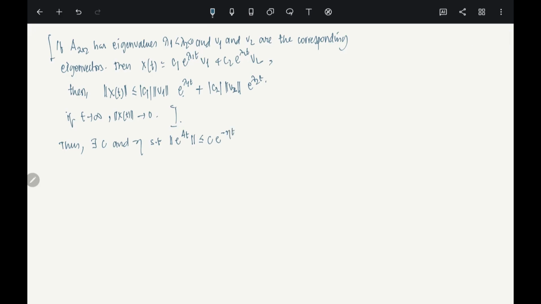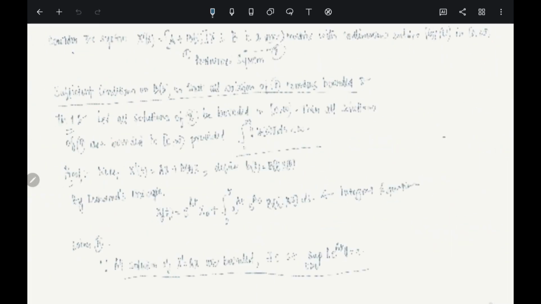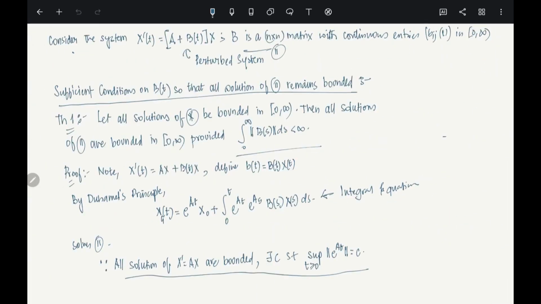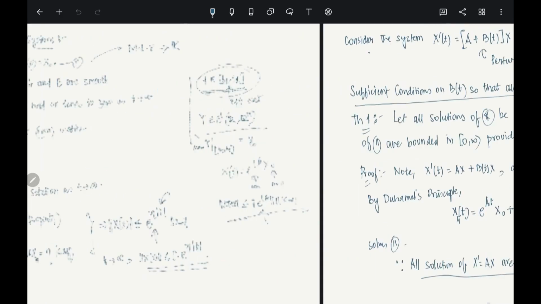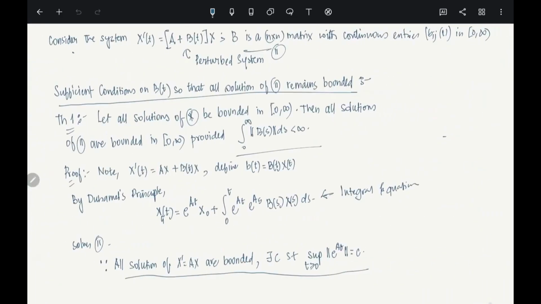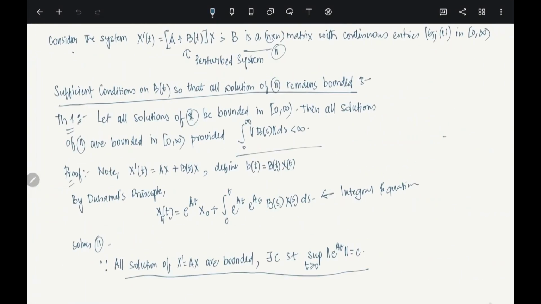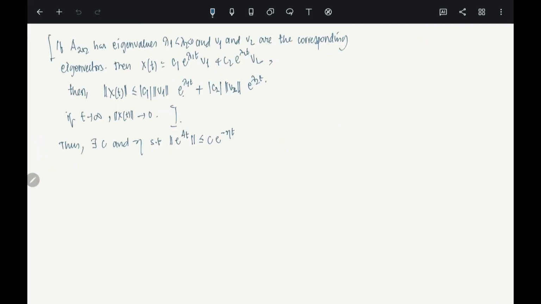Did I use eta somewhere? I have used eta somewhere. Okay, e to the power eta t.